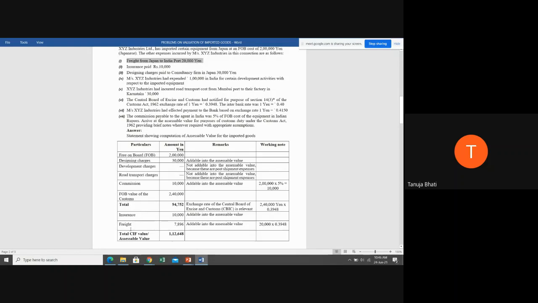Now can I take this yen here? No. Why? Because the calculation will go wrong. You have to take everything in the same denomination.